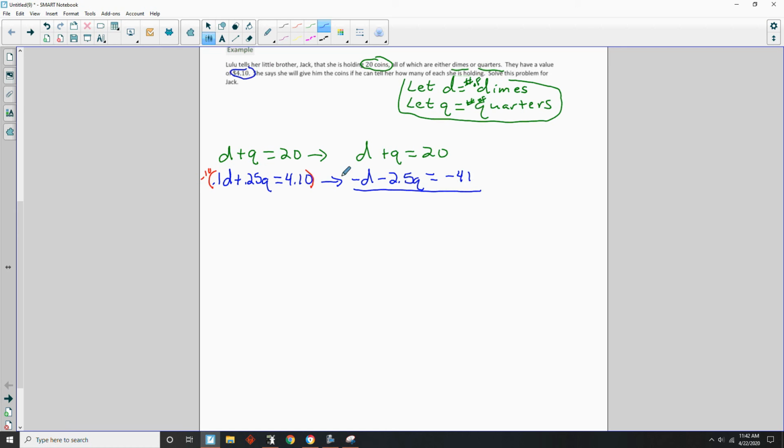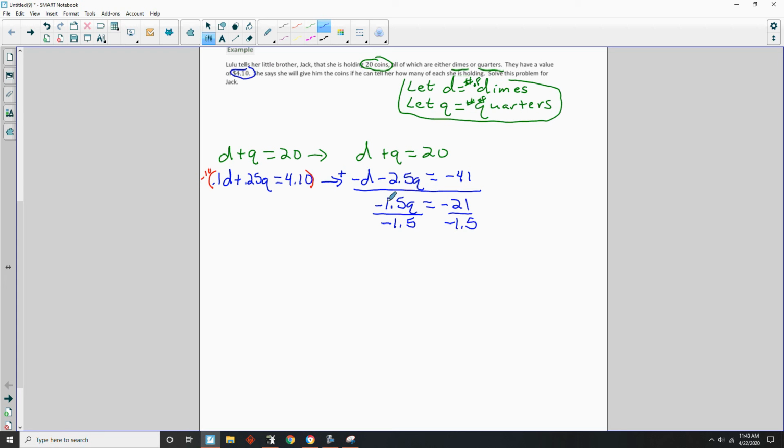And then I'm going to add these two. D plus a negative D cancels. Q plus a negative 2.5 Q is a negative 1.5 Q equals 20 plus a negative 41, which is negative 21. I will divide both sides by negative 1.5 to get Q.